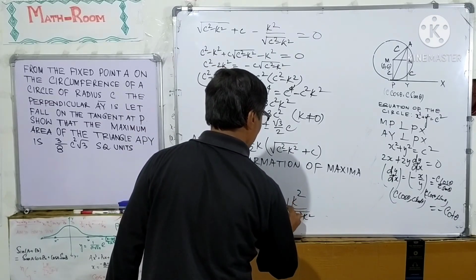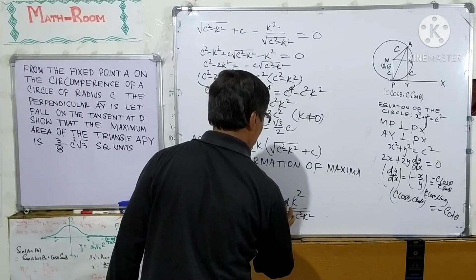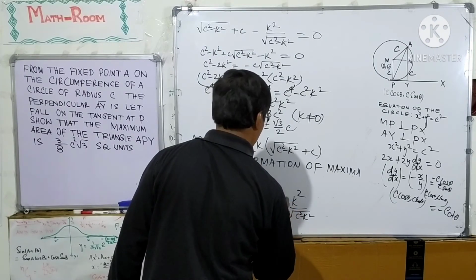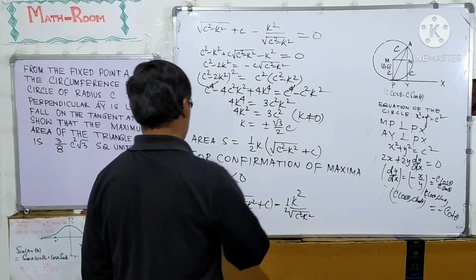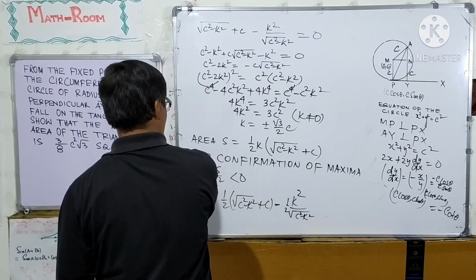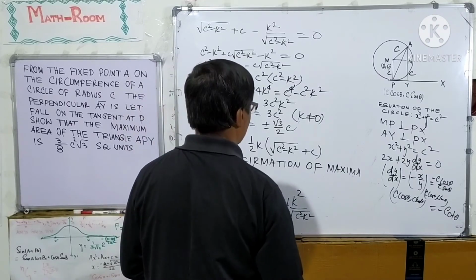Here half is included. This was the first order derivative of S with respect to k. So, we take the second order derivative of S with respect to k.